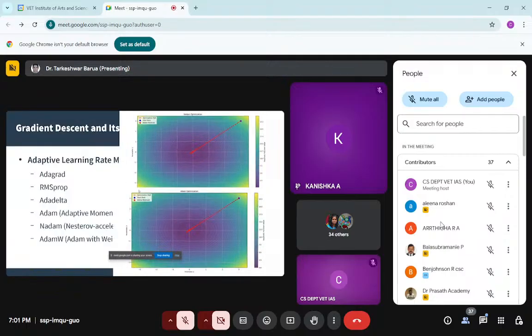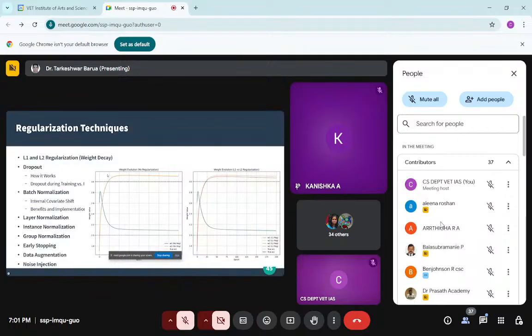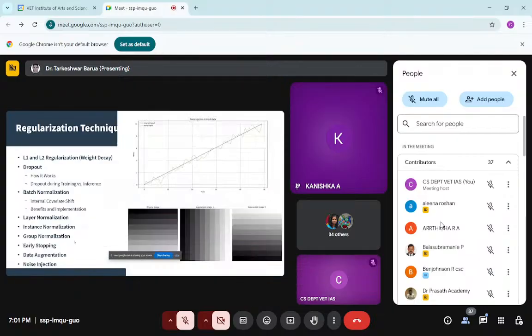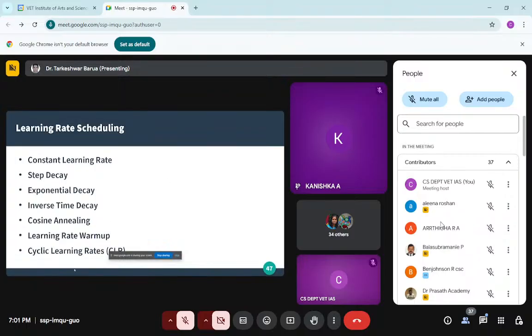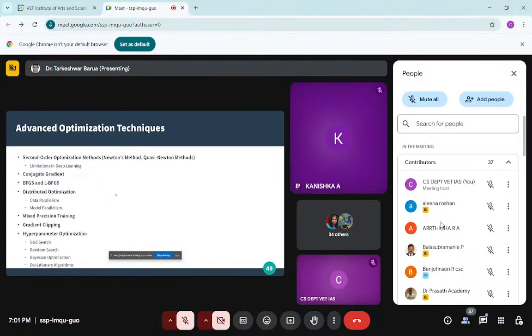These all graphs we have seen. Regularization techniques, we can use L1, L2 techniques, dropout, and how it works. These all charts we have seen by code. Time is also not permitting me, so I'm going a little fast.